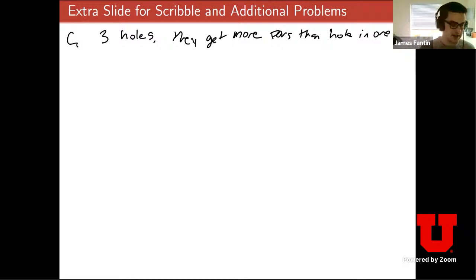So we need to break this up into cases, right? And look at the probability that each possibility occurs. So what are the ways that this golfer could get more pars than hole-in-ones?